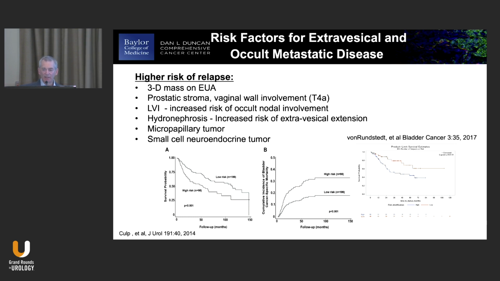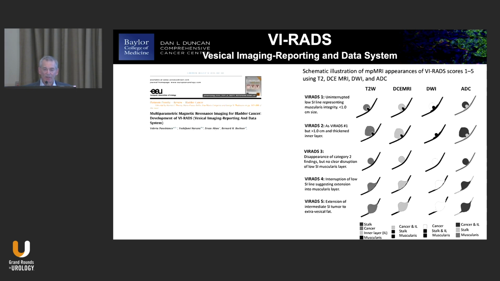The von Rundstedt study is, Fritz and I did this looking at our own patient population, and essentially found the same thing, that these risk factors for recurrence or perhaps occult understaging would be a 3D mass, so that would be equivalent of a T3B patient, extravesical involvement or adjacent structure involvement, lymphovascular invasion, hydronephrosis, which increases the risk of extravesical extension, and then aberrant adverse or variant histology. If you don't have any of those, you're in a low risk category and you do much better.